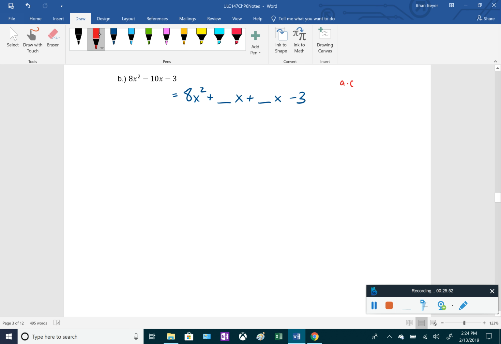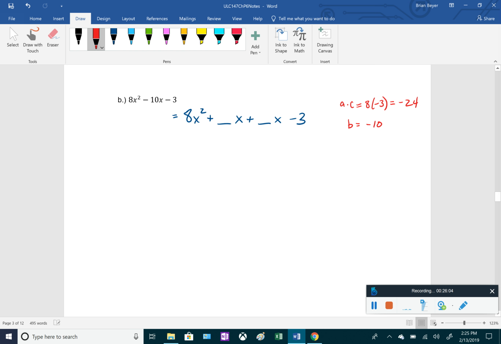We need to find first a times c, which is 8 times negative 3, which is negative 24. And our b value is the x coefficient, which is negative 10. So our numbers need to multiply to negative 24, and they also need to add to negative 10. Two numbers that do this are negative 12 and positive 2.